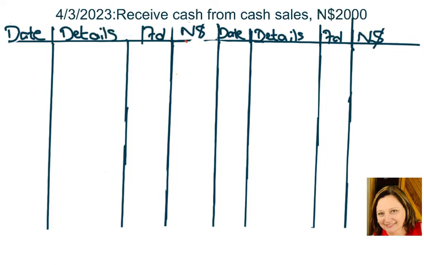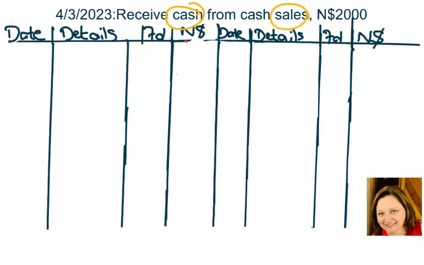In this transaction, we received cash from our customers, and it was for cash sales, and the amount was 2,000. Now let's quickly identify our two accounts. We received cash, so that will be my first account, and it was for sales.